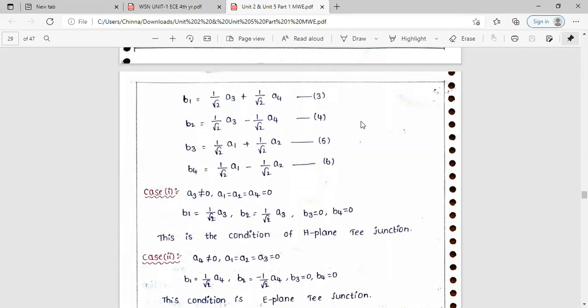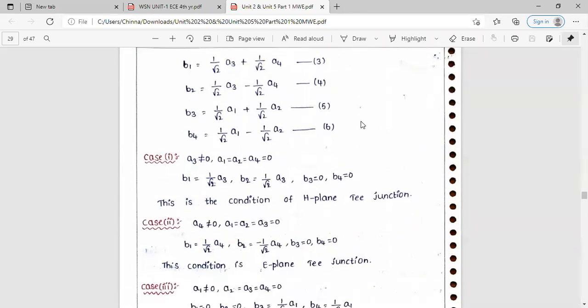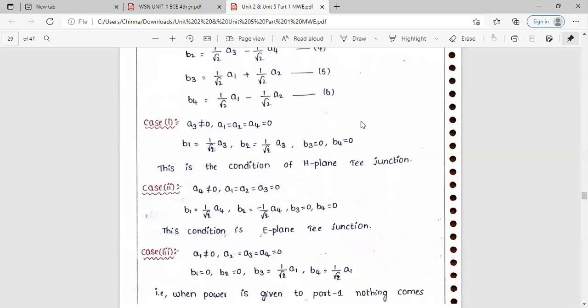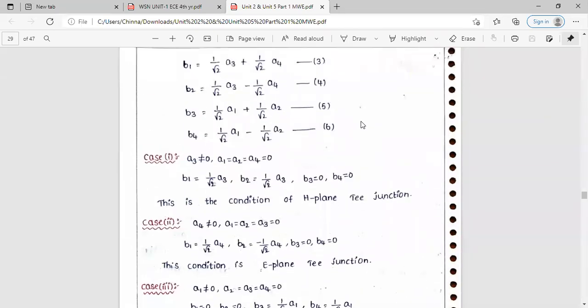B4 is equal to 1 by root 2 A1 minus 1 by root 2 A2. Case 1: A3 is not equal to 0, that means A3 is the input, so A1, A2, A4 are equal to 0. Substituting these values in equations 3, 4, 5, 6, B1 is equal to 1 by root 2 A3, B2 is equal to 1 by root 2 A3, and B3 and B4 are 0.